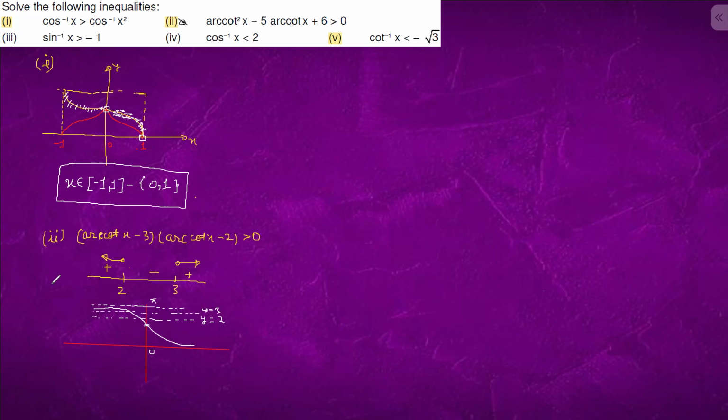We are told that cot inverse x is less than 2. So these are the points for which it is less than 2. And cot inverse x is bigger than 3. So these are the points where it is bigger.